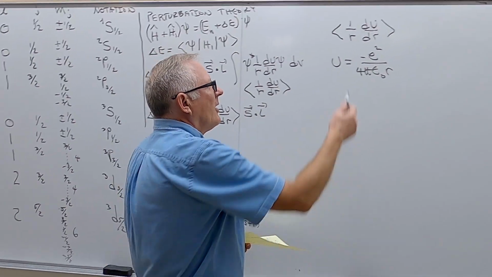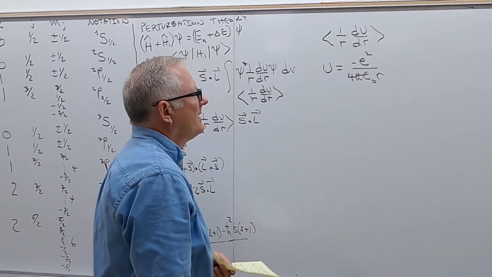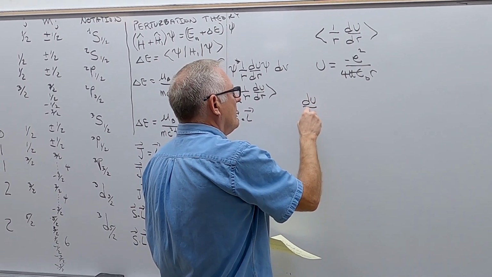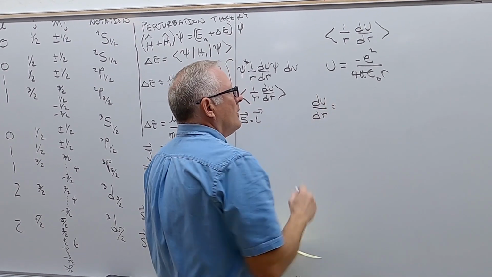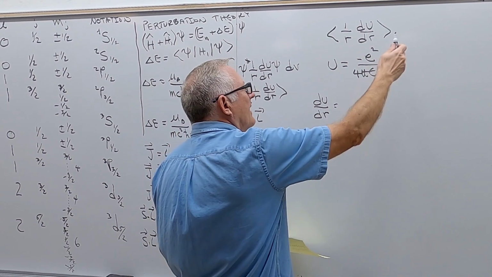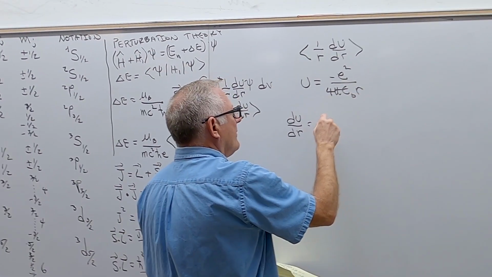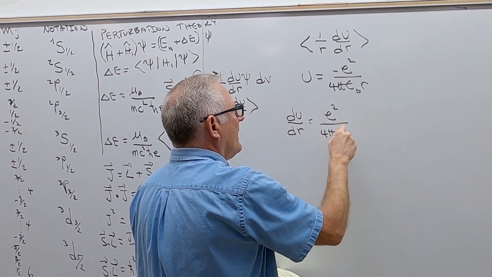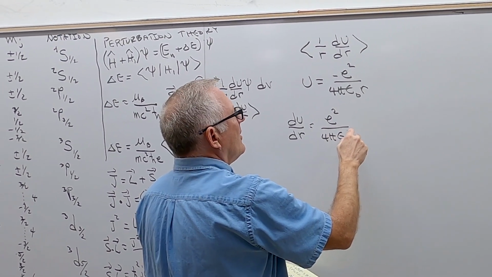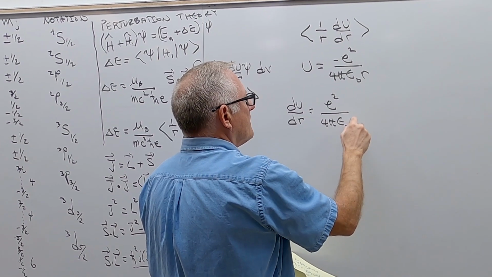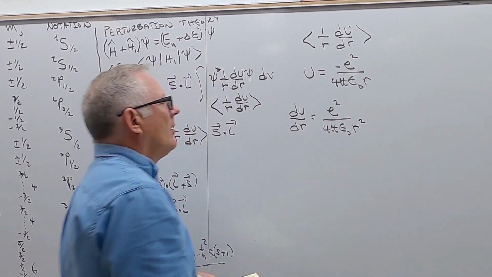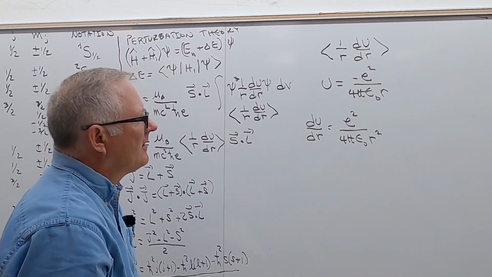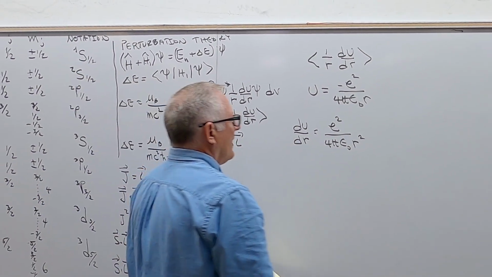So now, if I were to take the derivative of this with respect to r, du dr, well, that would make it a plus over r squared. It would make it an e squared all over 4 pi epsilon naught r squared. Okay, and now putting that in, it would make it an r cubed on the bottom.